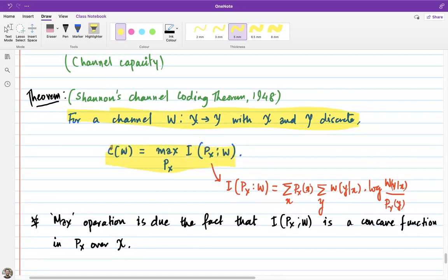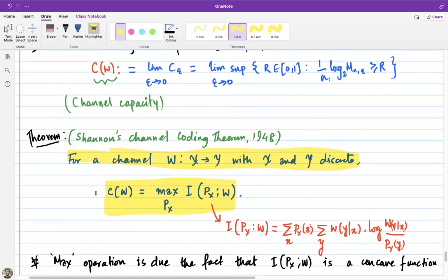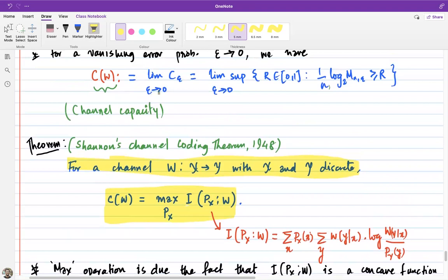So in other words, it just says that the maximum rate R that you can transmit over a channel W reliably, such that this epsilon can be brought down to 0, provided that your n is sufficiently large with respect to this epsilon, is actually given by this particular quantity, which is just the maximum mutual information, and this maximization is over all the input distributions.